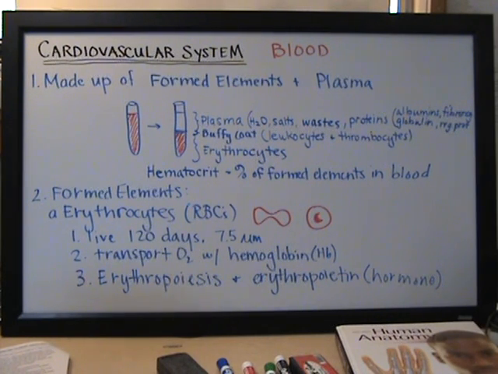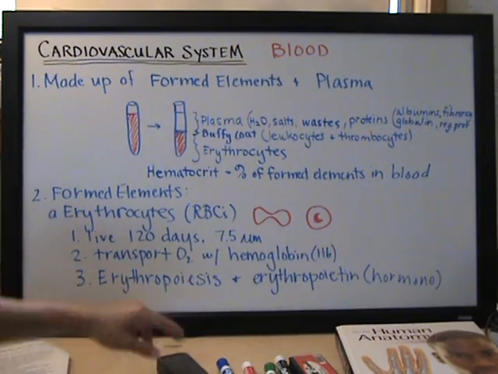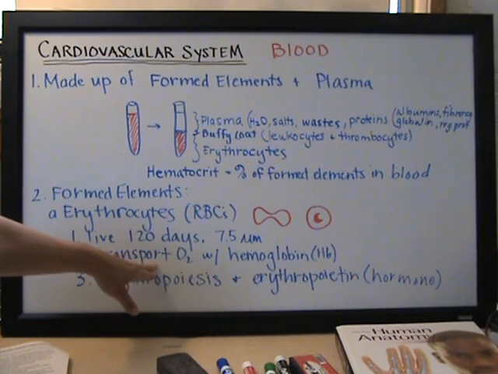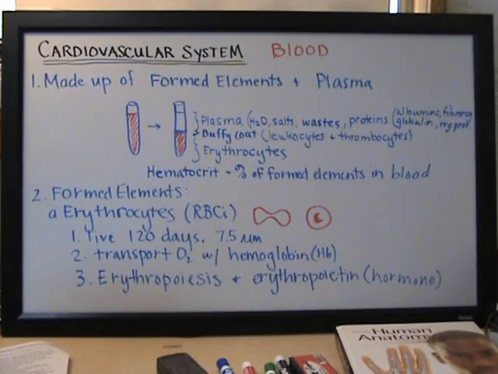Now people can use that to cheat when they run races, marathons, or biking. There are synthetic hormones called EPO that you can inject, which will cause your body to make more red blood cells. And of course, more red blood cells mean we transport more oxygen. More oxygen means we can go farther.